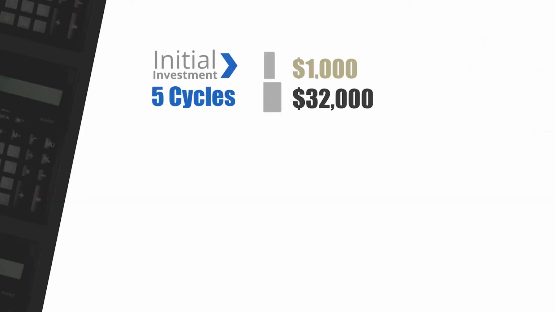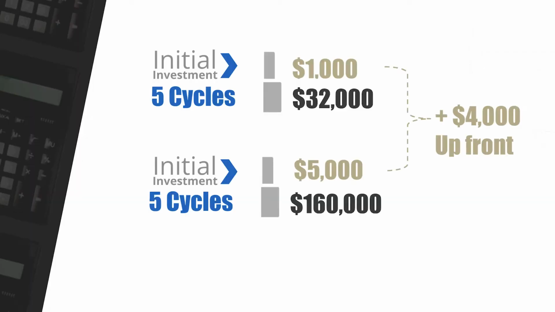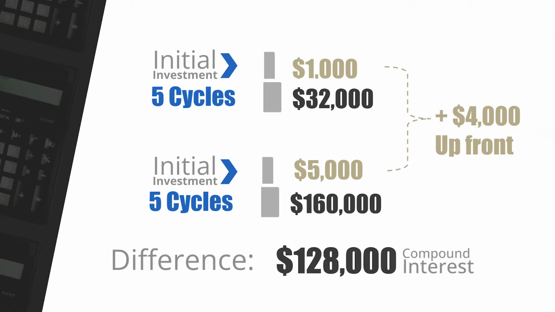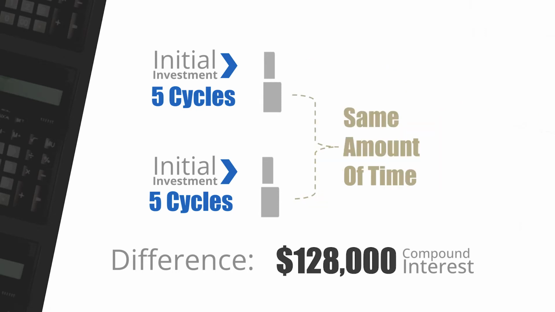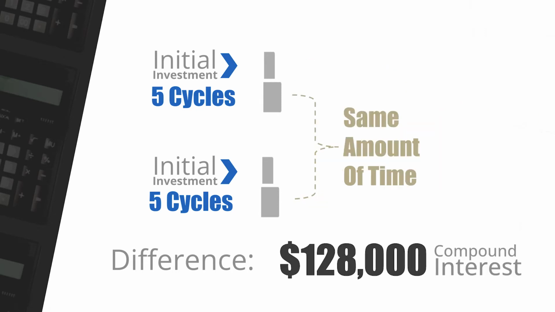That's a $128,000 increase off one $4,000 increased investment. I increased the $1,000 investment to $5,000. That's a $4,000 increase. Produced an additional $128,000 in compound interest. $4,000 more upfront with the same 5 compound cycles produces an additional $128,000 in compound interest while doing nothing different.